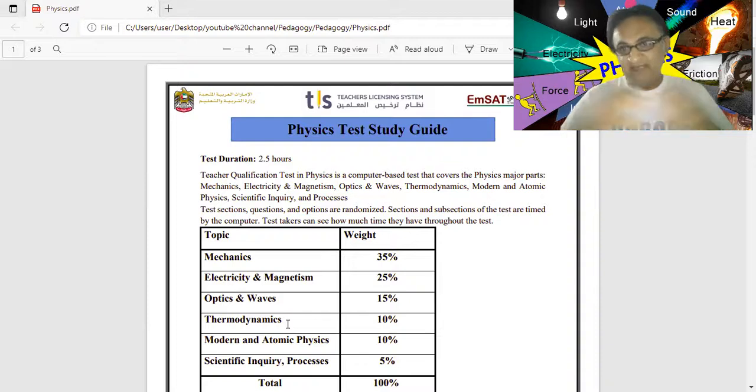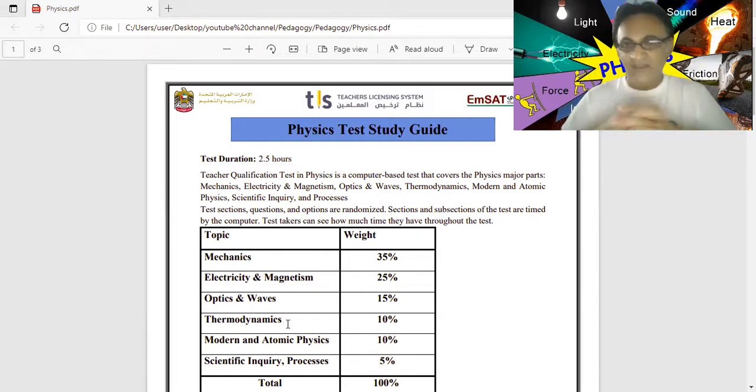This is a clear picture of what topics will be covered in your test, which is the most important topic, and how much time you have to spend on it. The highest percentage indicates that you have to spend more time on the topics with the highest weight.